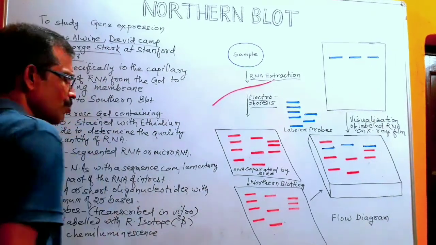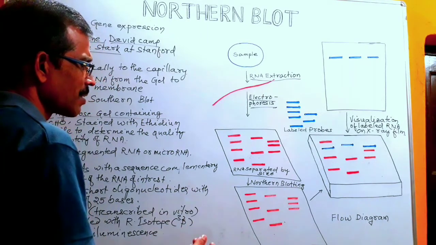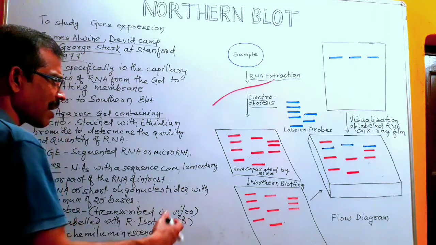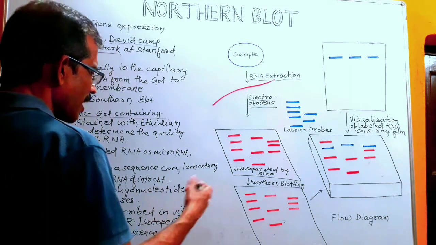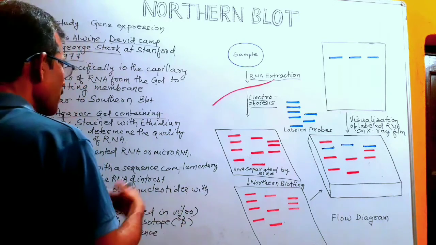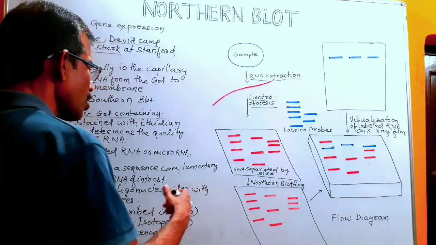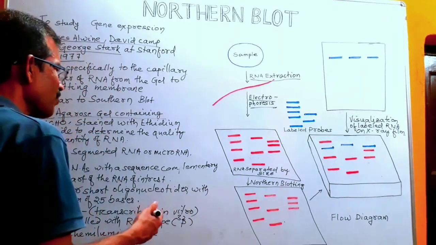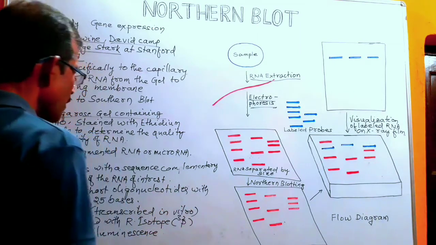Next is probes. Probes are nucleic acids with a sequence that is complementary to the entire target RNA or a part of the RNA. The probe can be RNA, DNA or a short oligonucleotide that contains 25 complementary nitrogenous bases.